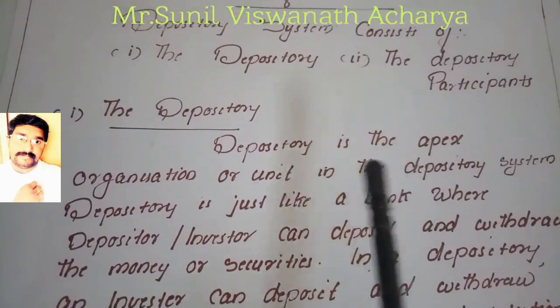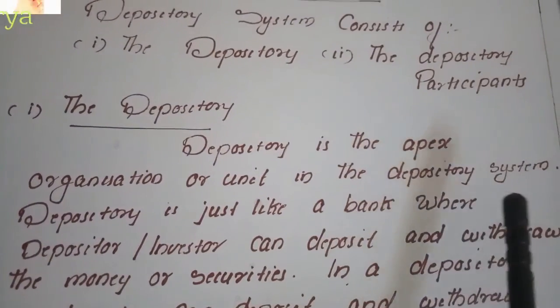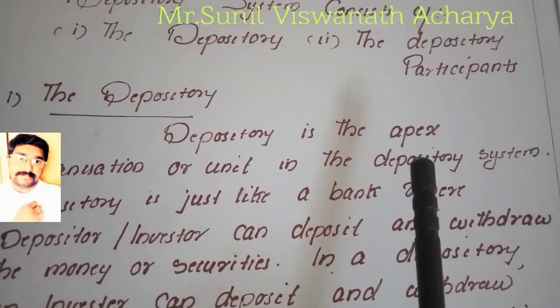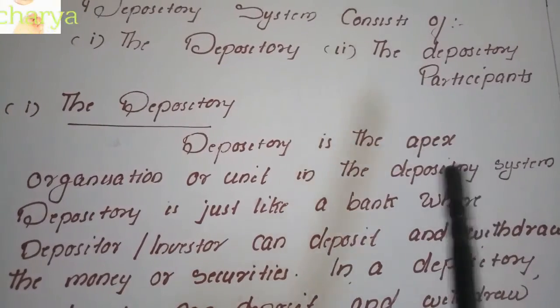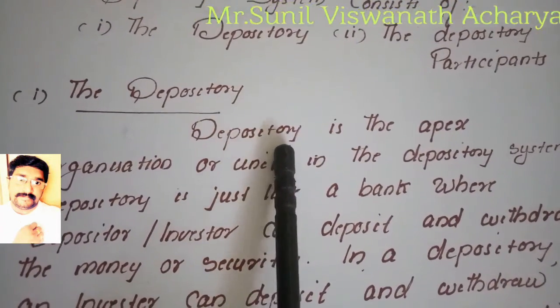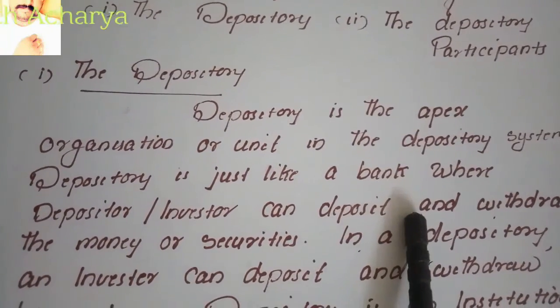The depository is the apex organization or unit in the depository system. In our Indian capital market, the top organization or unit in the depository system is the depository. That means a depository is just like a bank.